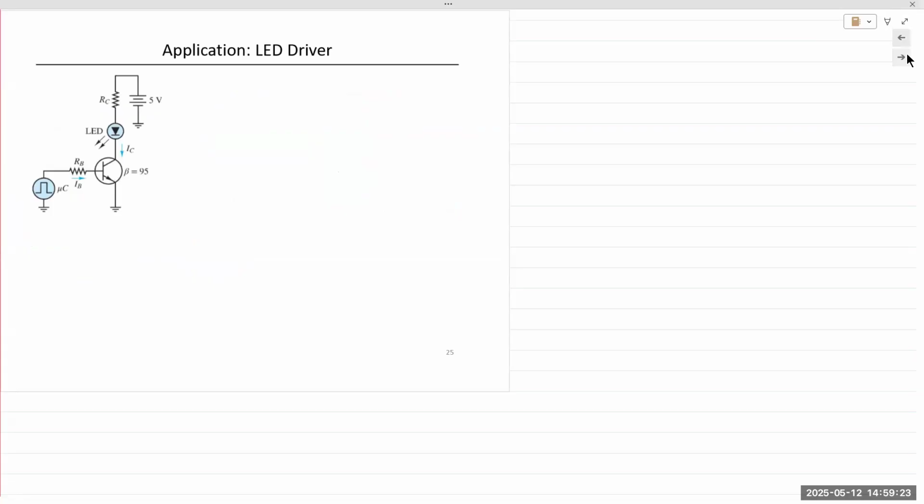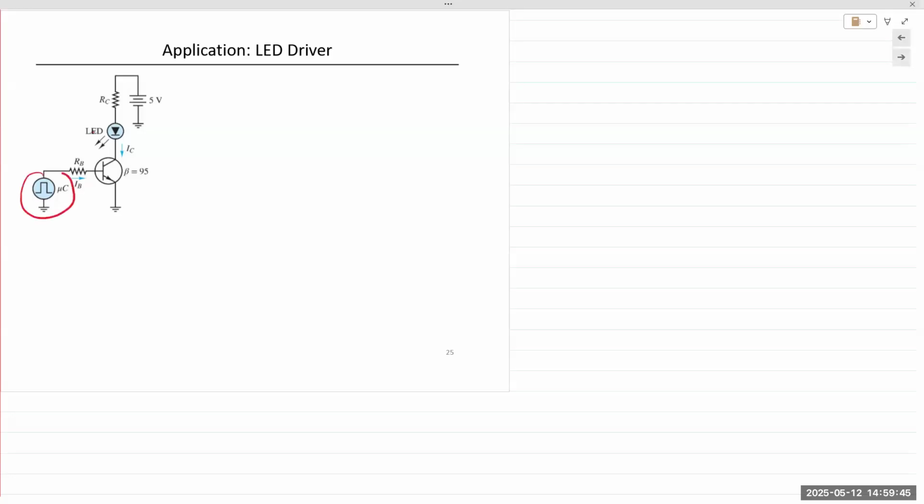LEDs typically require voltages in excess of 1.1 volts and currents in excess of 15 to 20 milliamps. The sensor outputs or controller board outputs sometimes are not sufficient to drive these kind of LEDs. And so we attach a transistor for every LED that we want to use in our system.